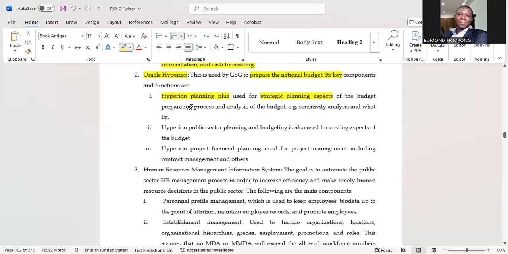Here, we look at the budget preparation process and analysis of budgets using sensitivity analysis and what-if. So, for example, if we scrap a levy, what would be the impact on revenue? What would be the impact on expenditure? What would be the impact on government spending and all that?